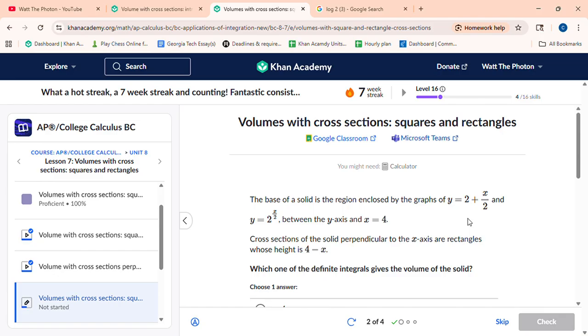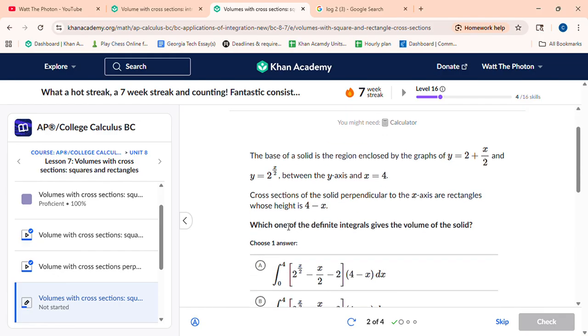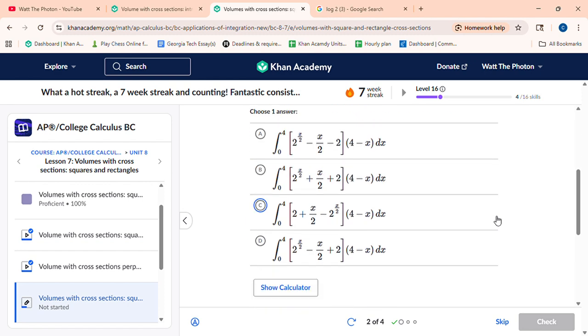Okay, so y equals 4, so we have from 0 to 4 of this function, and we're going to have 4 minus x. There we go, whose height is 4 minus x, which gives the volume of the solid. Yeah, that sounds about right. 4 minus x, 2 plus, that's all I have.